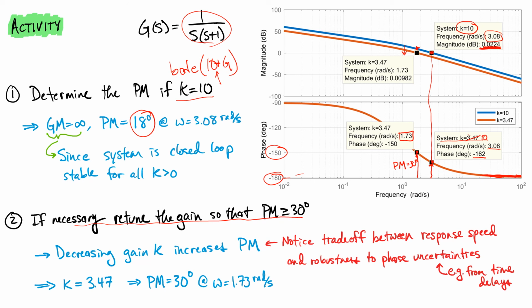So you can either do that through experimentation, or you can figure out what that gain value is and how much you need to reduce the gain k to get down to a point where the magnitude is 1, or very close to 0 dB, at this frequency, because that's the frequency that's going to guarantee us 30 degrees phase margin.